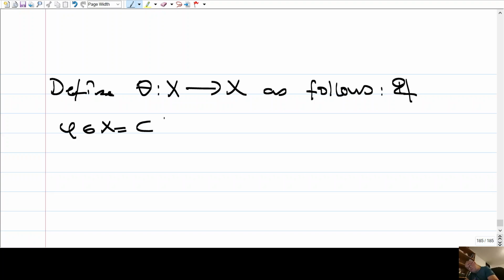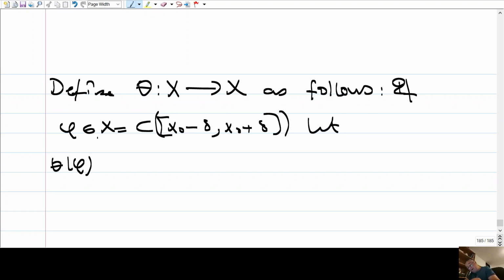So, continuous function on x0 minus delta, x0 plus delta. Let theta phi be the following function.